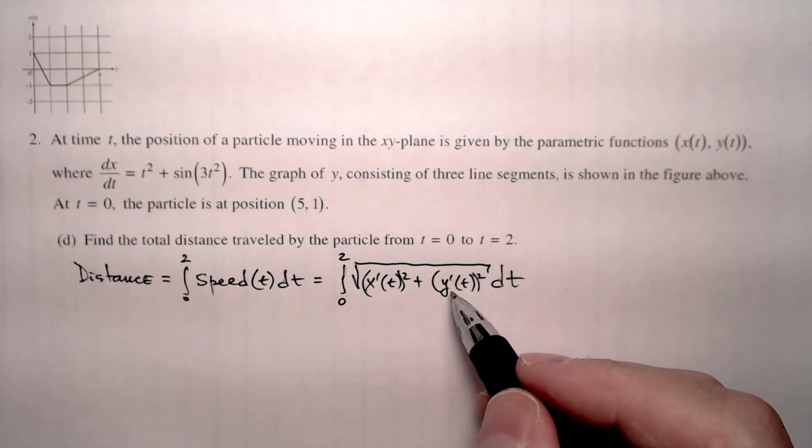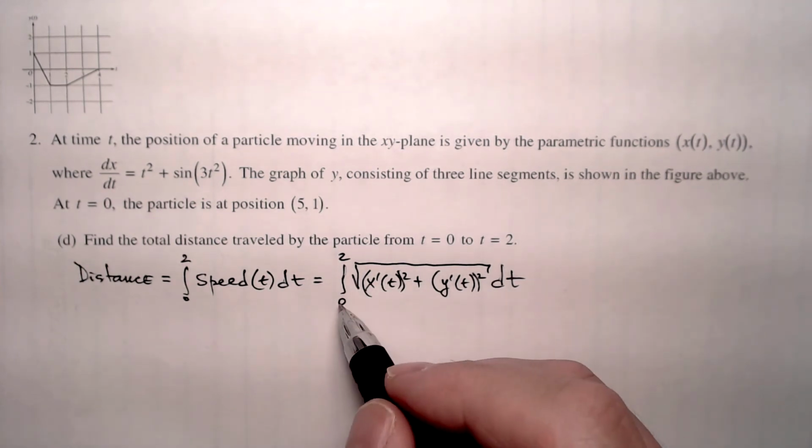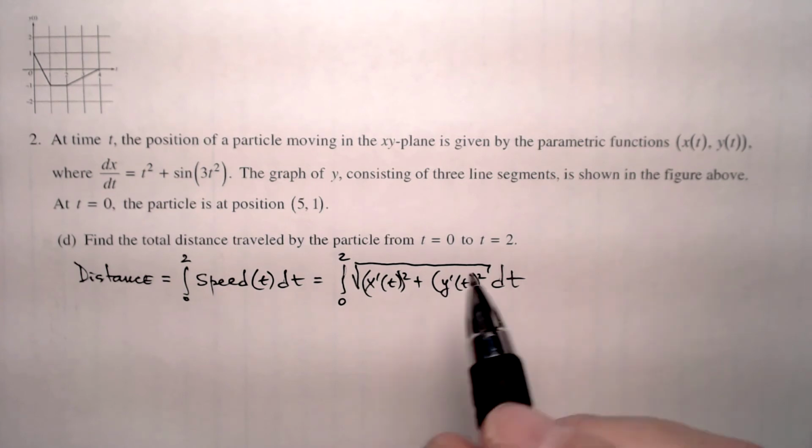And so y prime of t is actually changing on this interval in a predictable fashion.